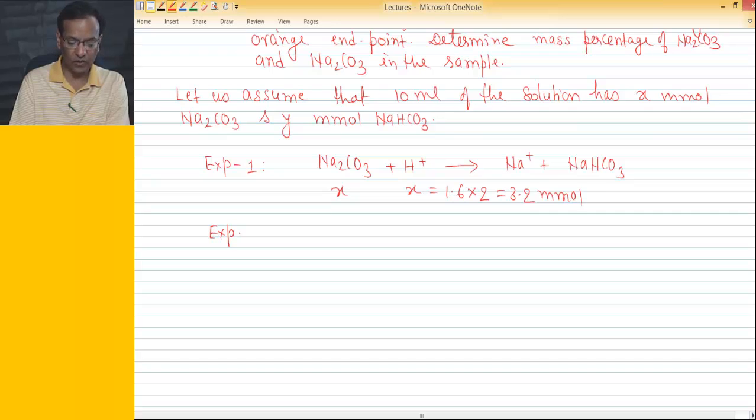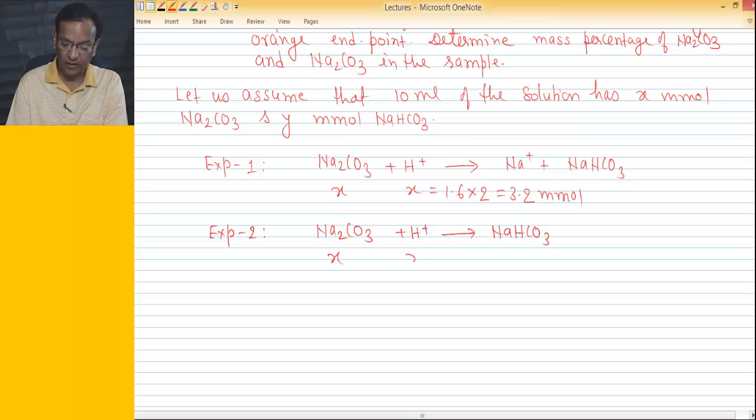In the second experiment, first Na2CO3 will be neutralized to NaHCO3, and for X of H plus would be required and X of sodium bicarbonate will be produced.